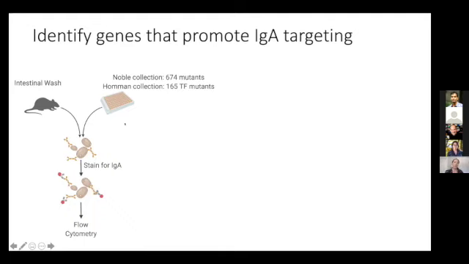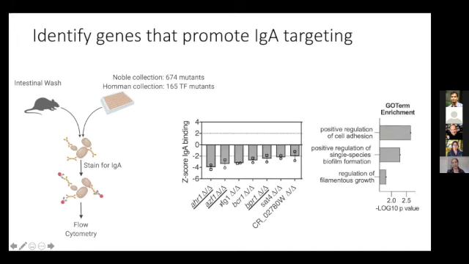We screened these collections in vitro for IgA binding using IgA from mice that had been monocolonized with Candida, and we quantified IgA binding by flow cytometry. What we found was that the mutants with the most significant decrease in IgA targeting are enriched for transcription factors known to regulate filamentous growth, but more specifically are known to promote adhesion and biofilm formation.